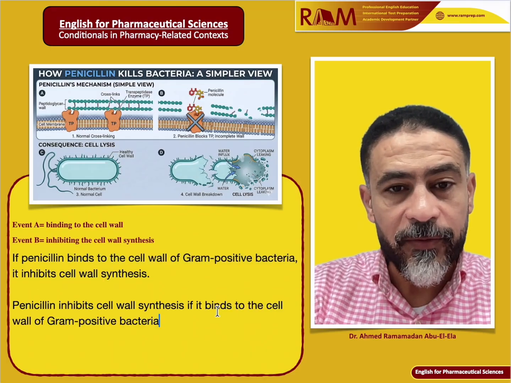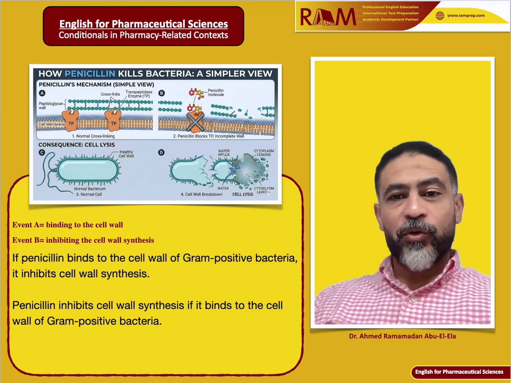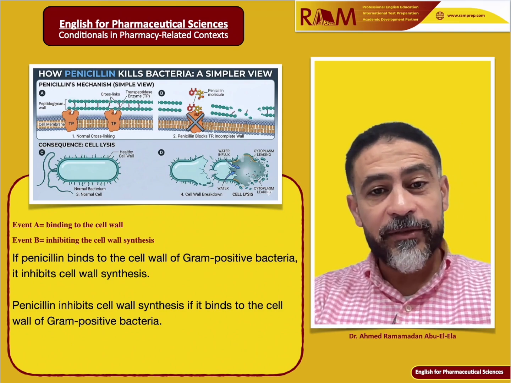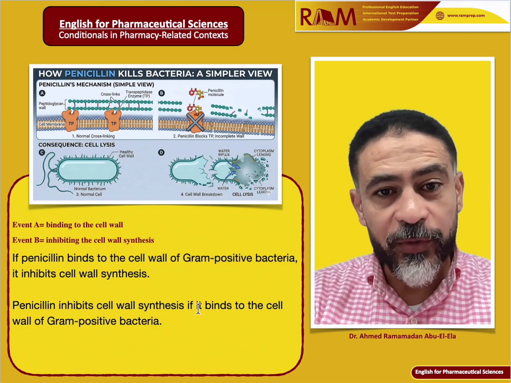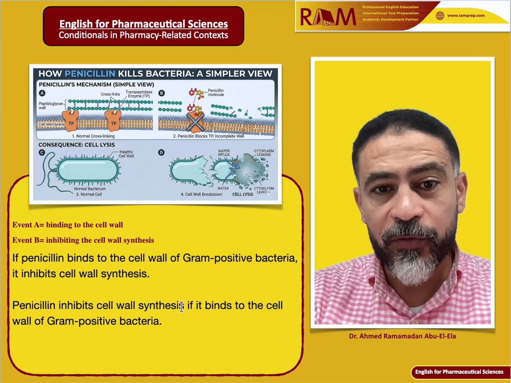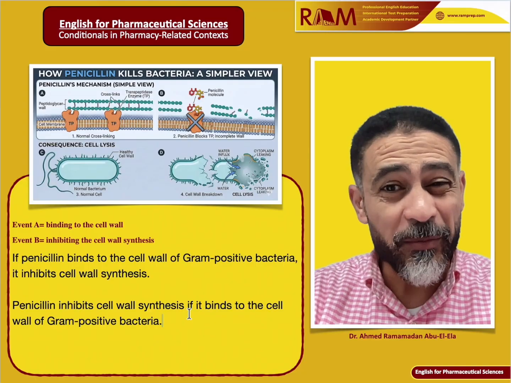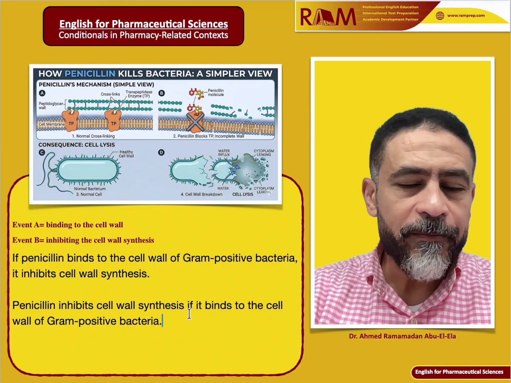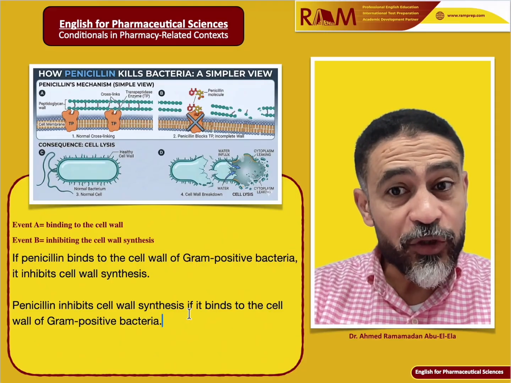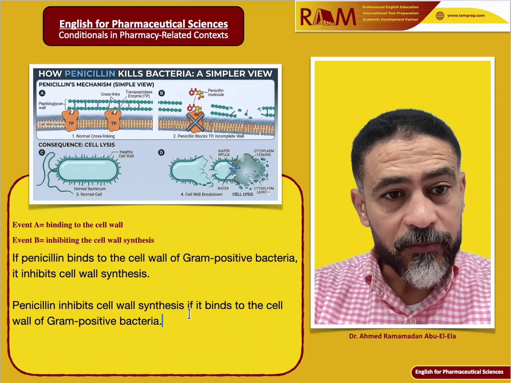This is cool. You can start with the effect. And make sure when you start with the effect, you do not put a comma before if. This is one important tip for punctuation.